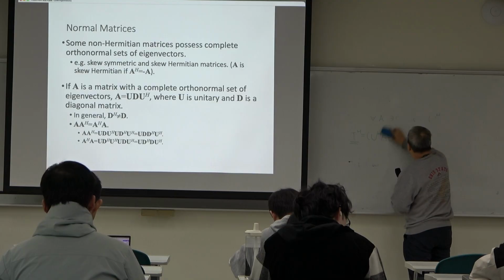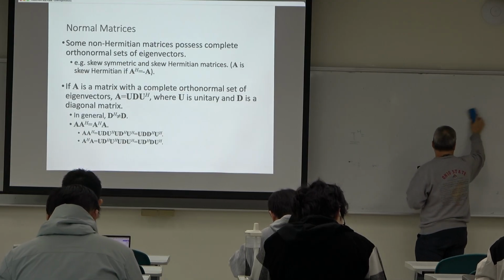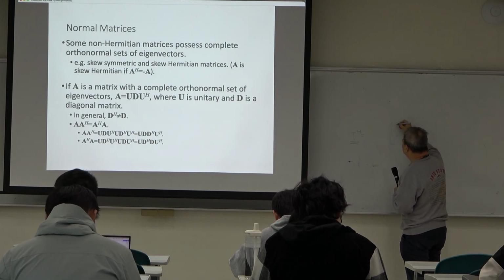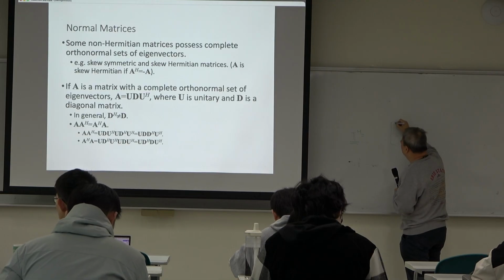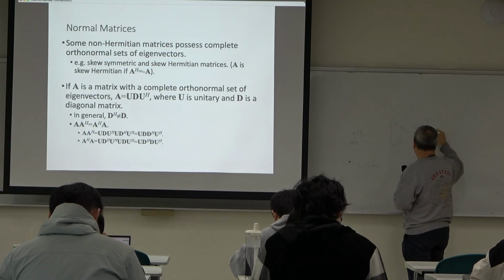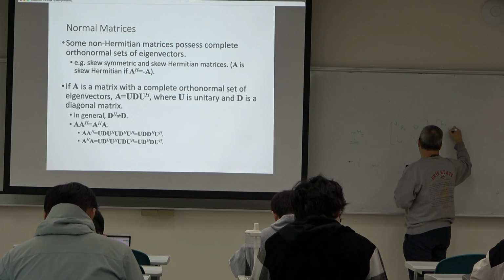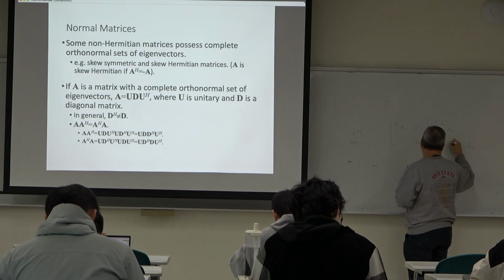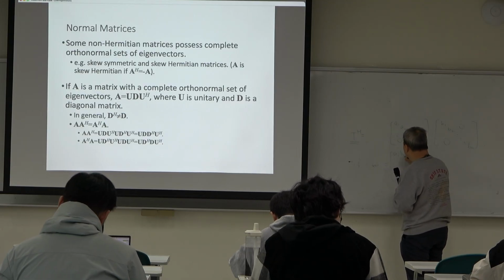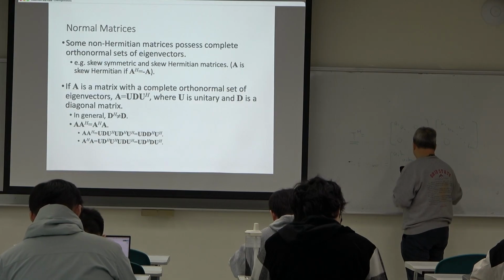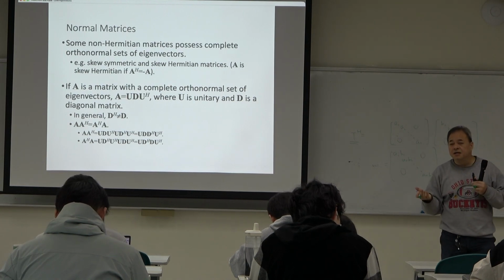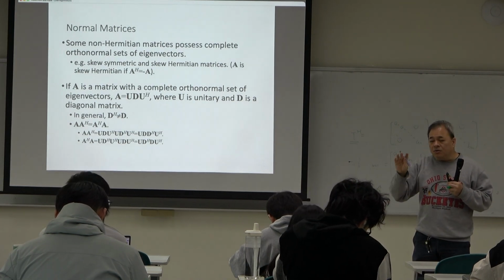But if it's a diagonal matrix, say a1, a2, ..., an, multiplied by b1, b2, ..., bn, we know the result will be a1b1, a2b2, ..., anbn, right?